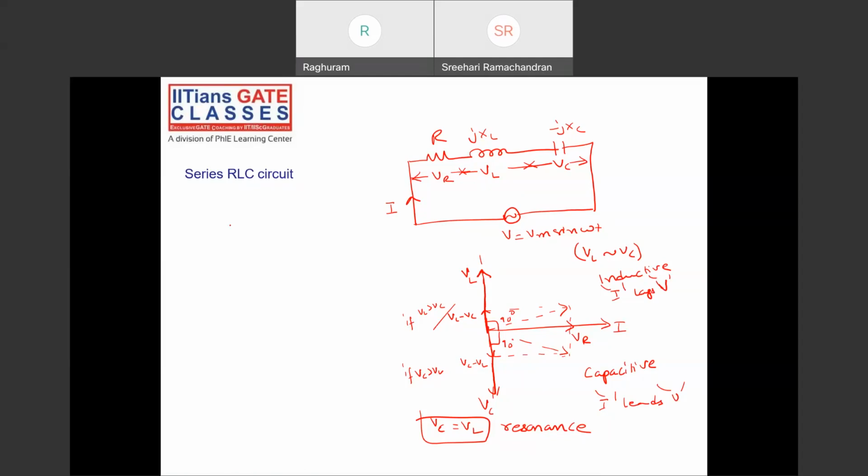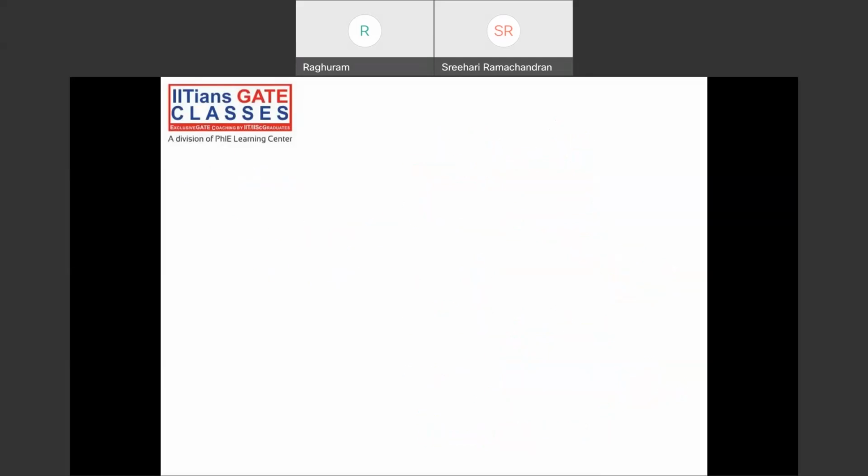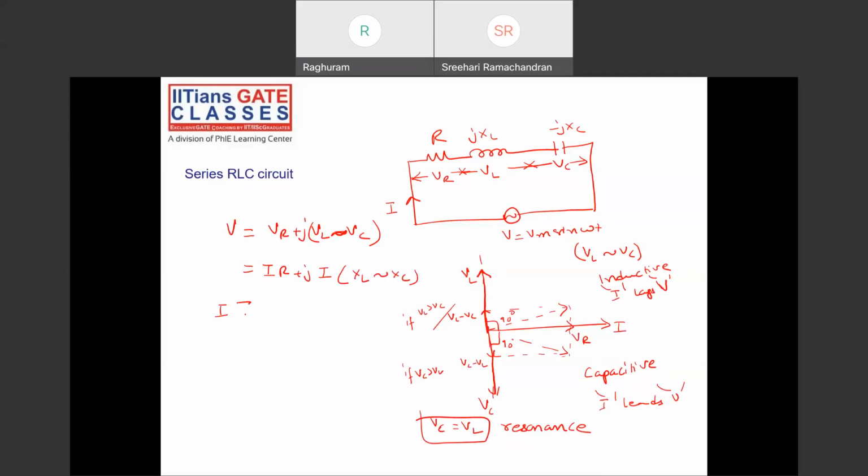So V is equal to VR plus j(VL minus VC), which is IR plus jI into (XL minus XC). I into Z is equal to I into (R plus j(XL minus XC)).